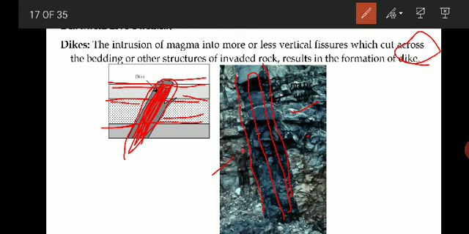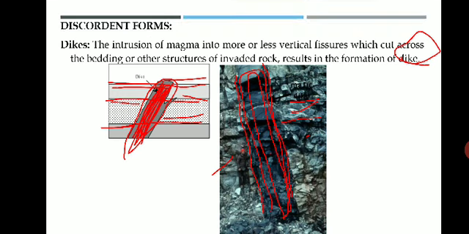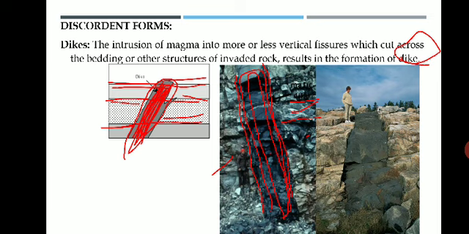These rocks are horizontal, but this dike has intruded into them and forms a wall-like structure. That is called a dike.